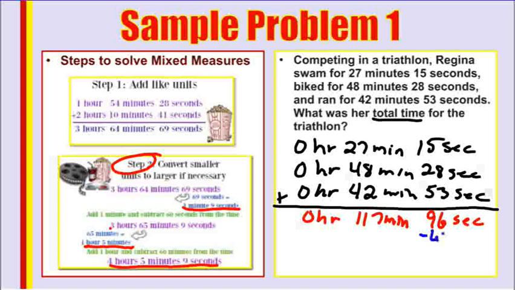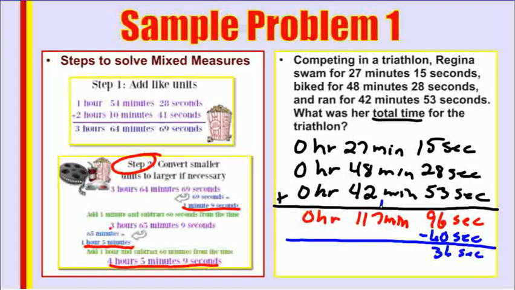We're going to do the same thing here. I'm going to subtract 60 seconds. When I subtract 60 seconds, that gives me 36 seconds, but I gained a minute. So now I have 118 minutes, and I can subtract 60 minutes from 118.